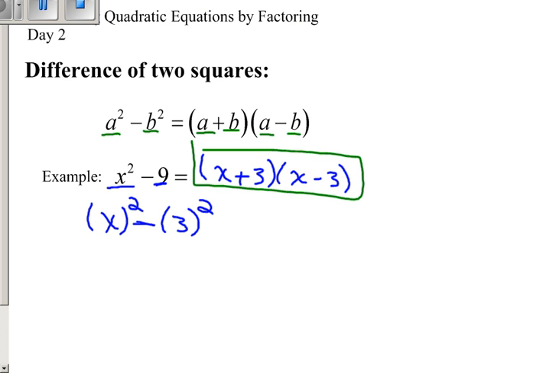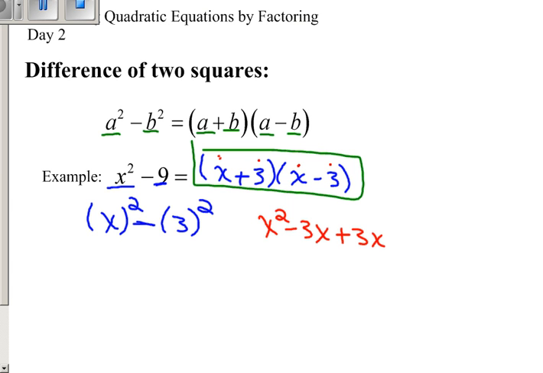But you're sitting there going, but wait, how do I know that's true? Well, let's test this by FOILing. First, x times x is x squared. Outer, x times negative 3 is negative 3x. Inner, 3 times x is positive 3x.